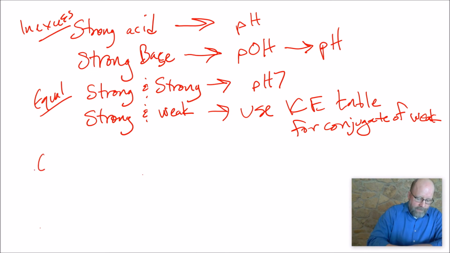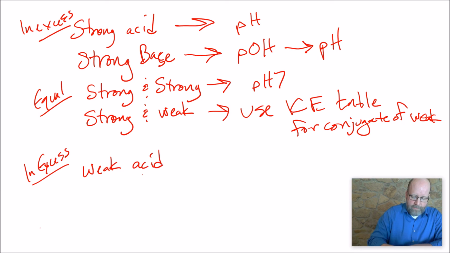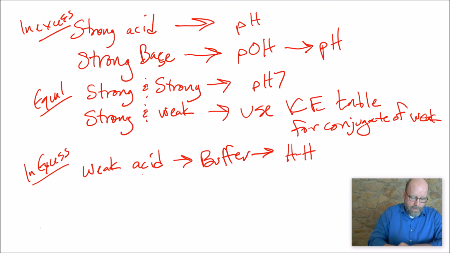And then if you have in excess weak acid or weak base, it doesn't matter, but I'll just say weak acid. Then you can make a buffer. And if that's a buffer, then you're going to use Henderson-Hasselbalch. Same thing with a weak base.